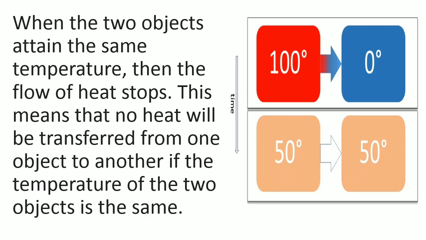Now, when the temperature of both the objects will be similar or same, then the flow of heat will stop. So, this is how the heat flows. If the temperature of both the objects would have been same, then no heat would transfer from one object to another object. So, for the transfer of heat, difference of temperature between both objects is compulsory.